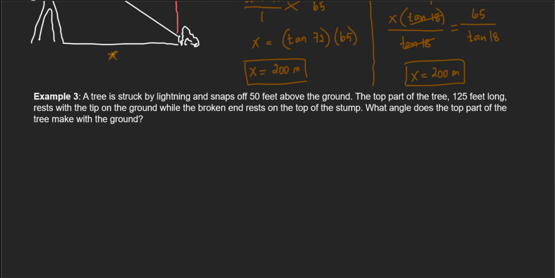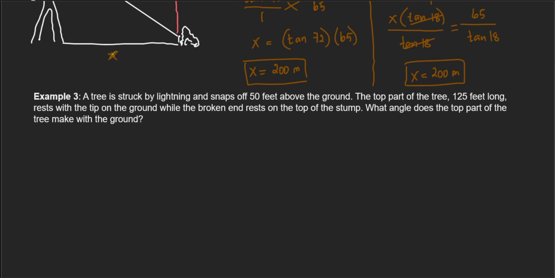What angle does the top part of the tree make with the ground? If you observe from our first and second problems, we were just looking for the side. But in this example number 3, what we are looking for is the angle. So this is quite different from our first and second problems.